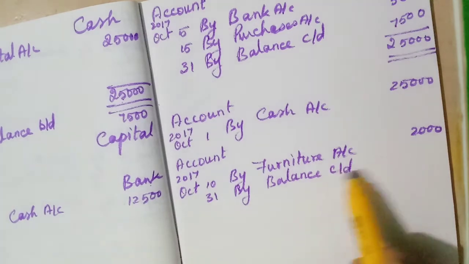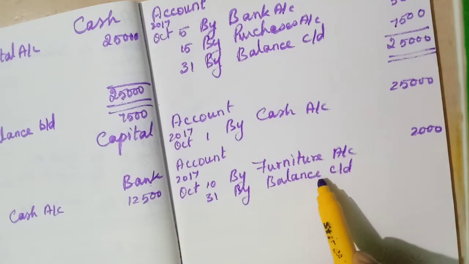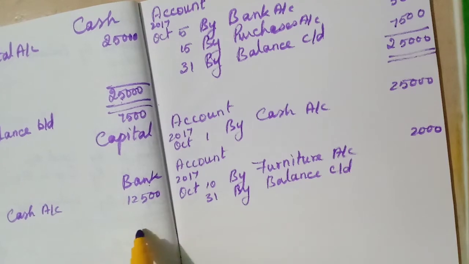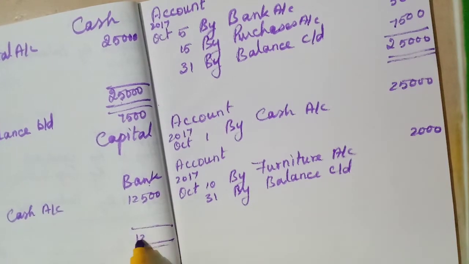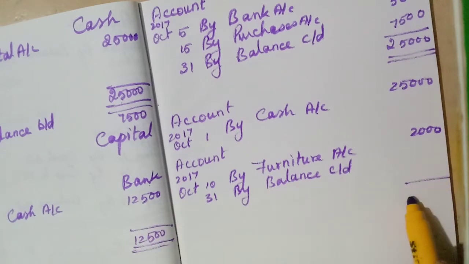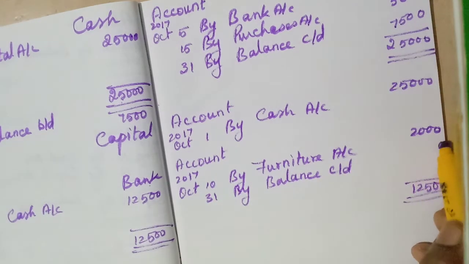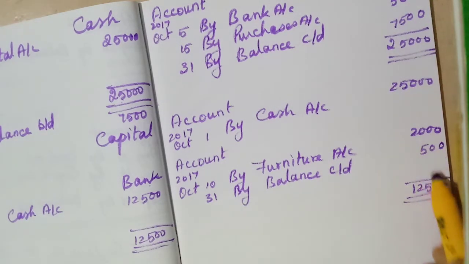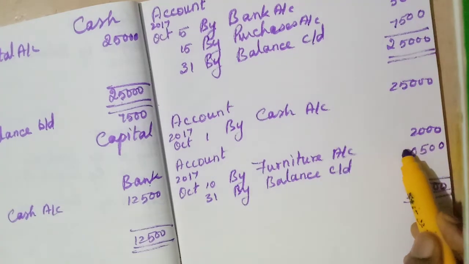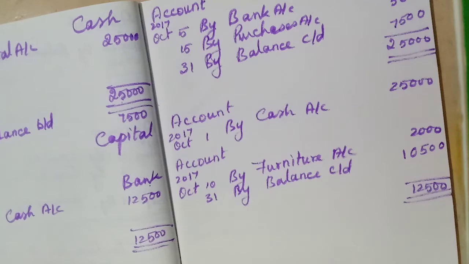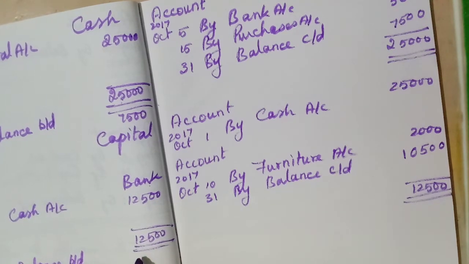Where there is a lesser amount, there we need to write this balance. Okay. Here 12,500. So write the larger amount in the total column. Now write the balance in this line. 0, 0, 5, 5. Okay, then 2 there, 0, nothing there. So 10,500. So you can write next date November 1, to balance brought down 10,500.